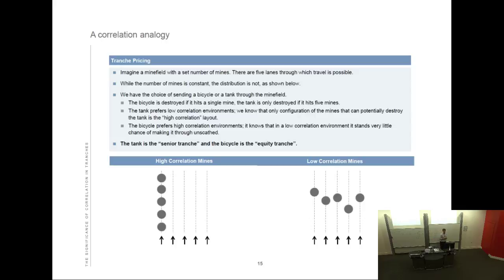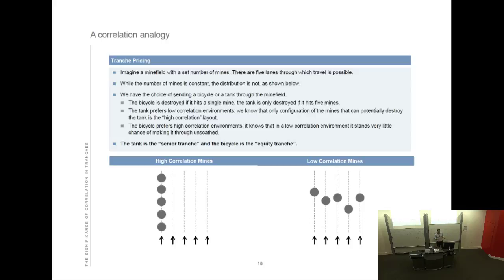Okay? So in a highly correlated world, let's say all the mines fall into the same lane, and in a lowly correlated world, all the mines are dispersed around, and let's say each lane has 1 mine. Now, let's say there are 2 types of vehicles that could try to maneuver through this field. One is a bicycle and one is a tank.